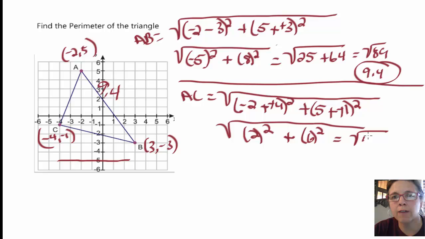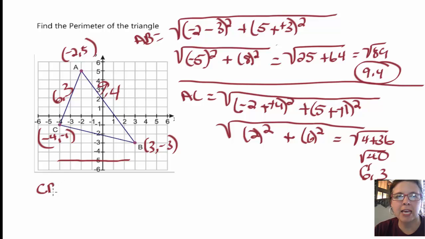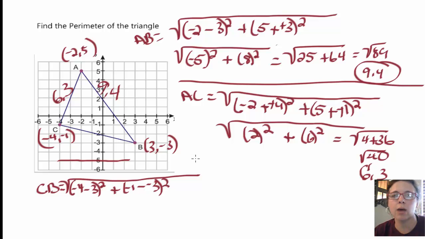So then it's the square root of 4 plus 36, the square root of 40, which is 6.3. So this is 6.3. All right. Now from C to B is the square root of -4 minus 3 squared plus -1 minus a -3 squared. Remember, these are your x's, these are your y's.